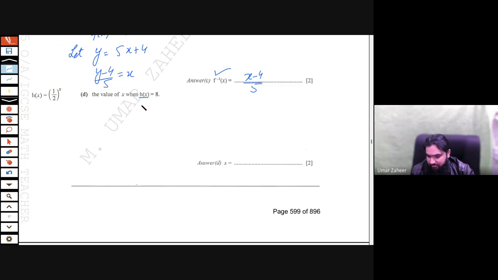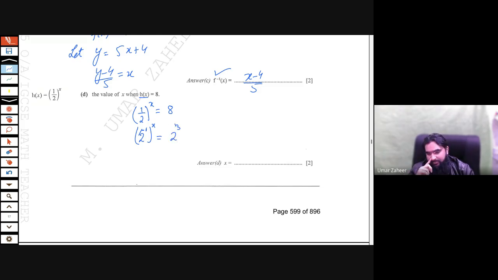So h of x is 1 by 2 whole power x is equal to 8. Now from here we need to find the value of x. We are going to use the indices rule here. Take 2 in the numerator, it will be 2 power minus 1 whole power x, and 8 can be written as 2 power 3. Find the prime factorization.